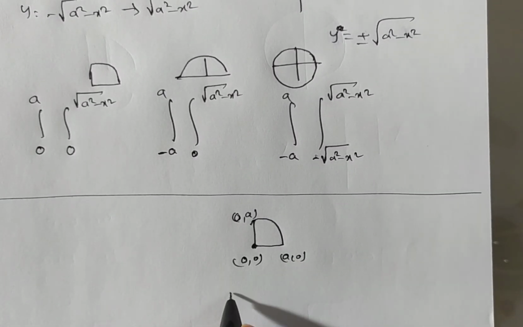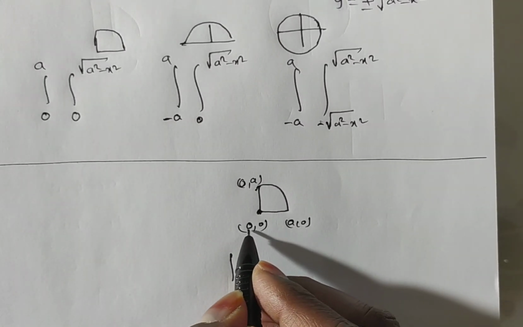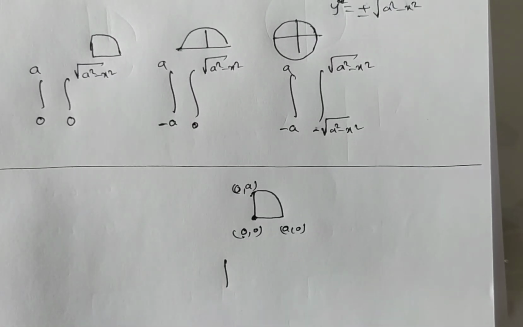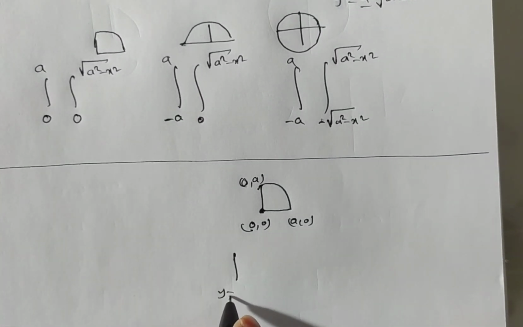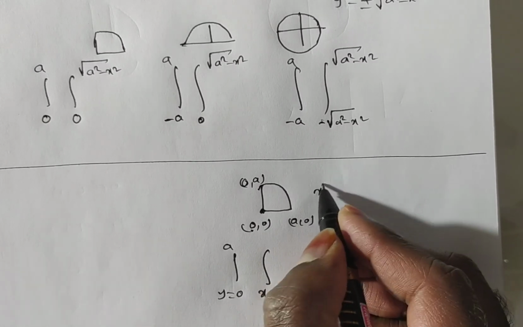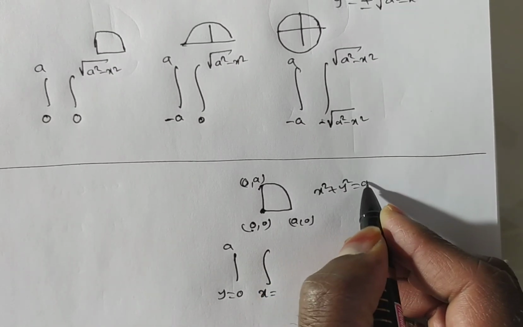For this, can you guess what the y limits are? With y independent, you see x is 0 here, and here also 0. So y is moving from 0 to a. So y is equal to 0 to a, and the x limits you want. From where to where is x moving? This is a circle, x square plus y square is equal to a square.